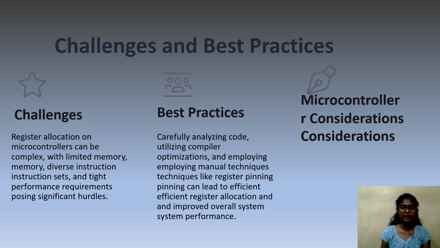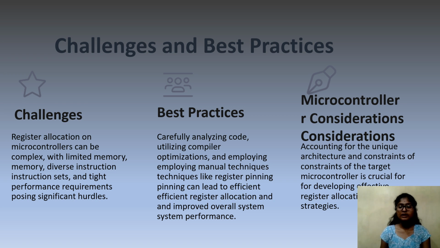The best practices are carefully analyzing the code, utilizing compiler optimization, and employing manual techniques like register pinning, which can lead to efficient register allocation and improved overall system performance. Coming to microcontroller considerations, accounting for the unique architecture and constraints of the target microcontroller is crucial for developing efficient, effective register allocation strategies.